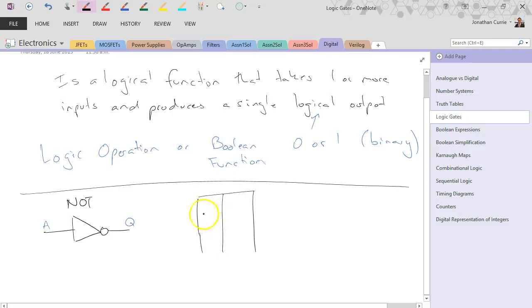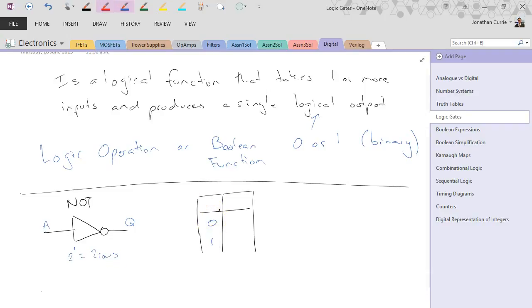Now, remembering the rule from the truth tables video, 2 to the power of 1 inputs equals 2 rows in our truth table. 0 and 1, A and Q. And a NOT gate basically states that if A is equal to 0, then Q is equal to not A, or in this case equal to 1. So it is simply the opposite.